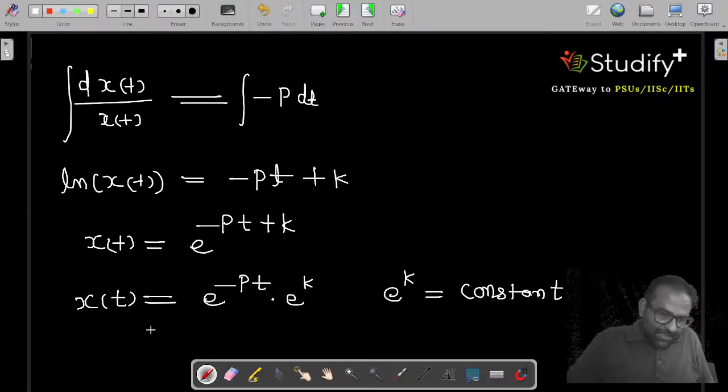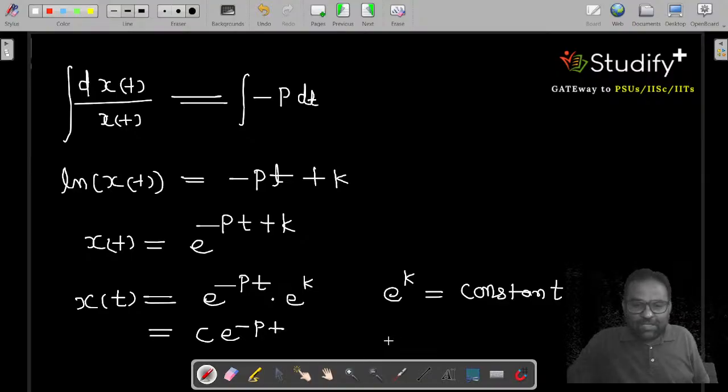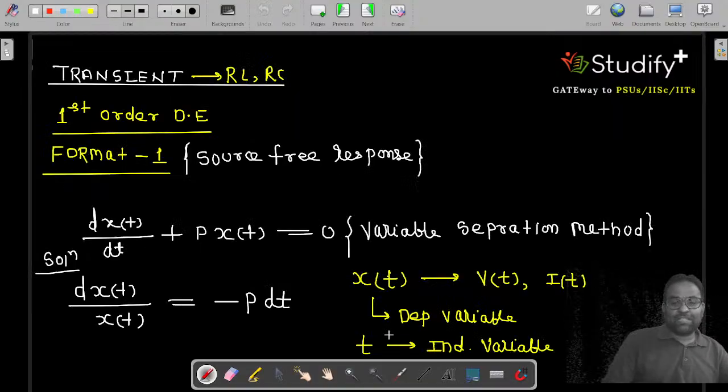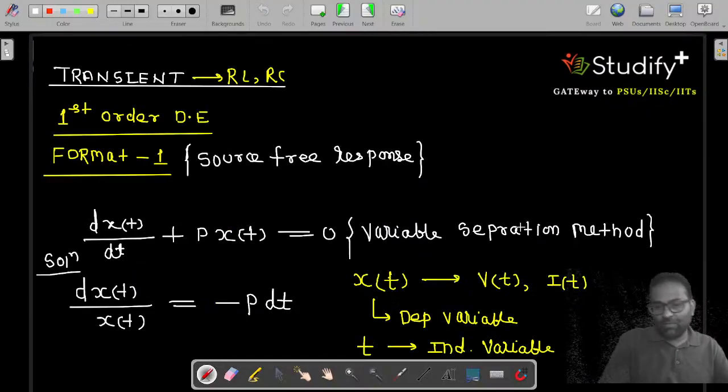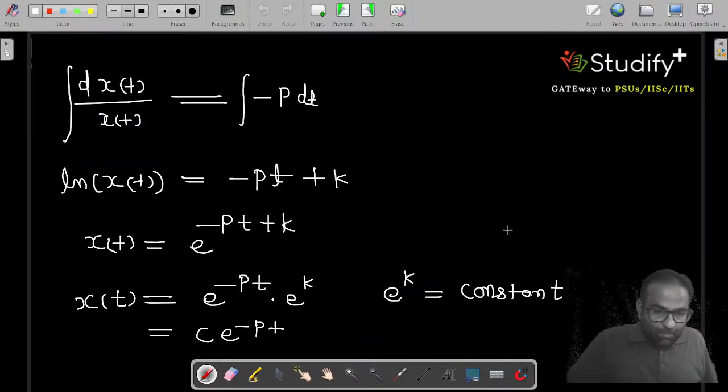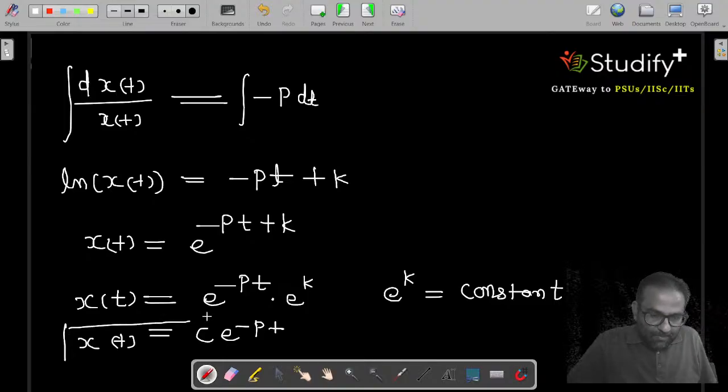So I can replace this by c into e to the power minus pt. Always remember, c comes from the initial condition, which tells you how to analyze for c. This x(t) is the solution of the differential equation.